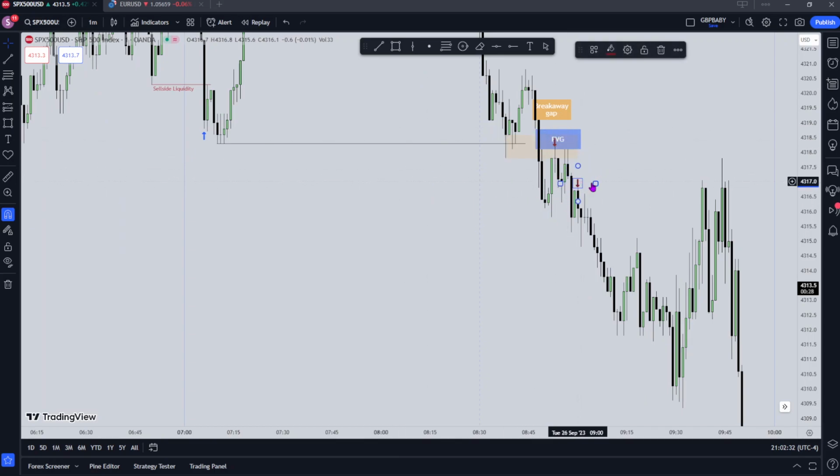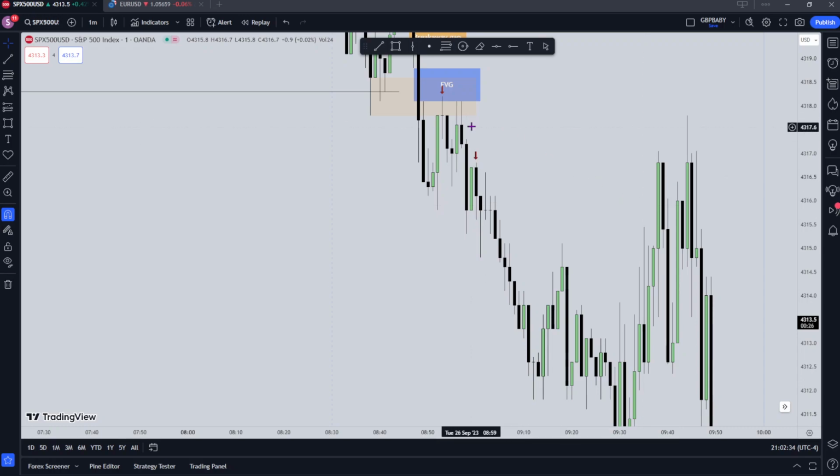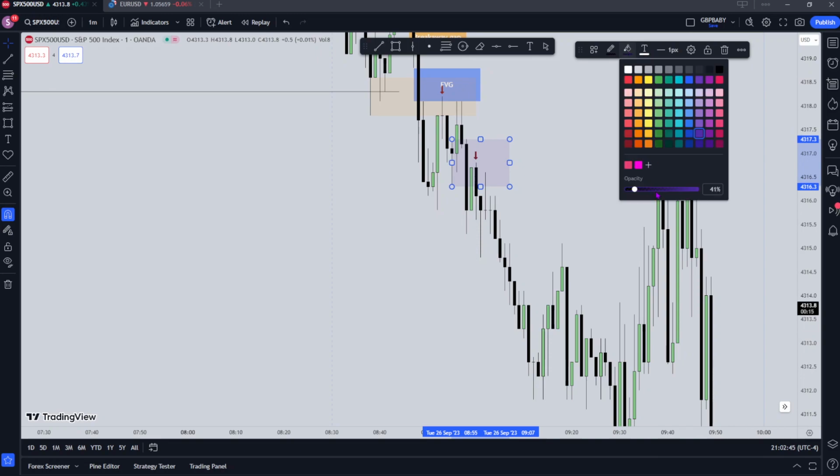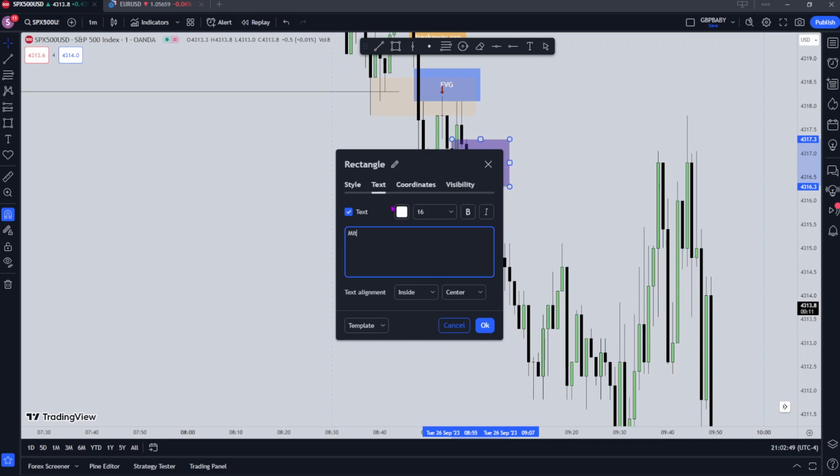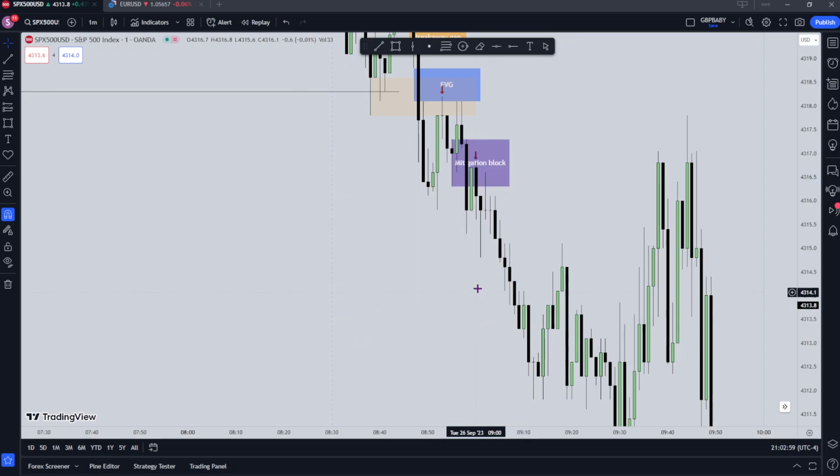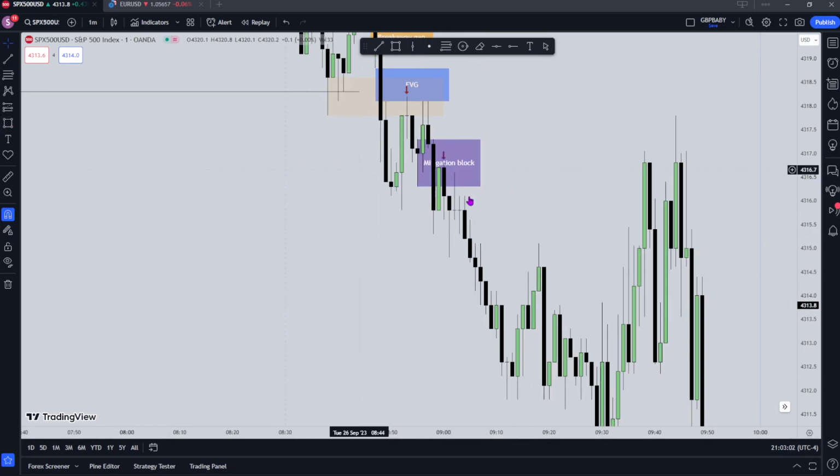And then again, we could enter there as well with a mitigation block here, coupled with the fair value gap.